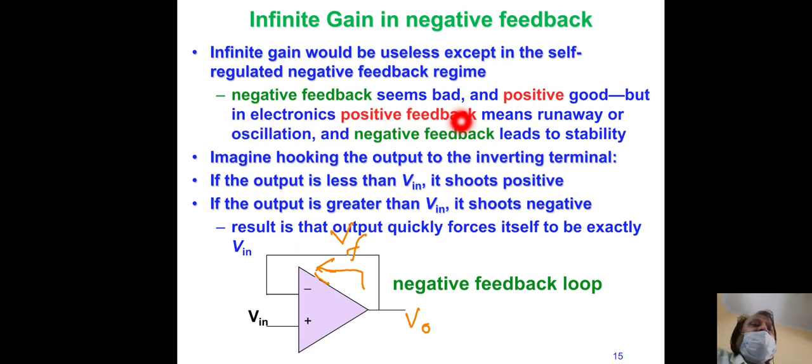Negative feedback seems bad, and positive seems good. But in electronics, positive feedback means runaway or oscillations. Positive feedback is used to generate oscillations, so it is used in oscillator circuits, not in amplifiers.